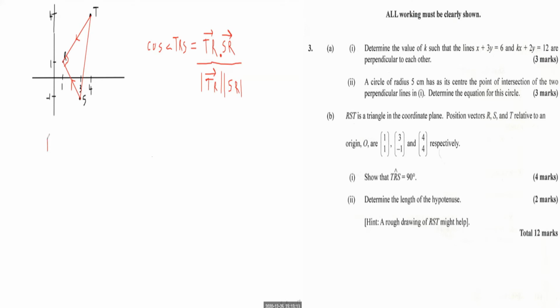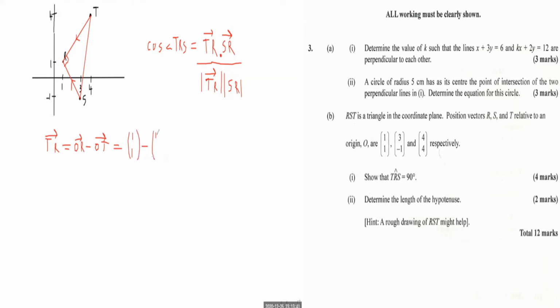First and foremost, vector TR is going to be equal to OR minus OT. OR is (1, 1) and OT is (4, 4).